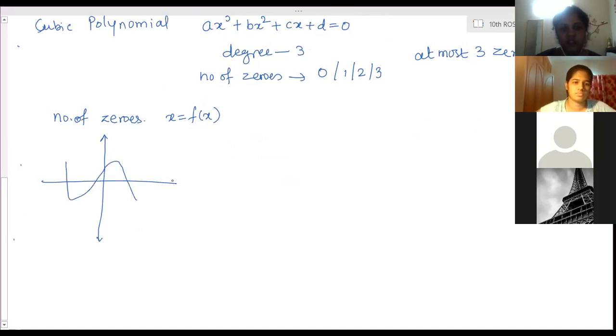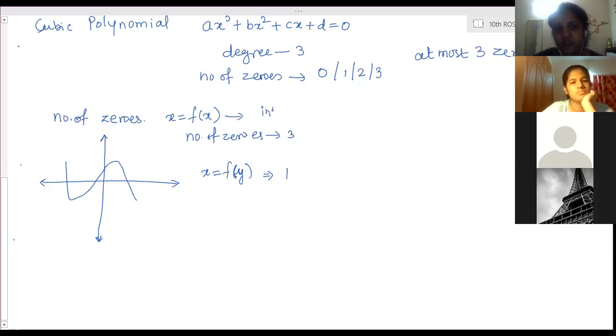How many zeros does it have? 3, ma'am. And if it is given x is equal to f(y), then 1. So if f(y) is given, we have to check the intersection with the y-axis. And when it is given f(x), we have to check the intersection with the x-axis.